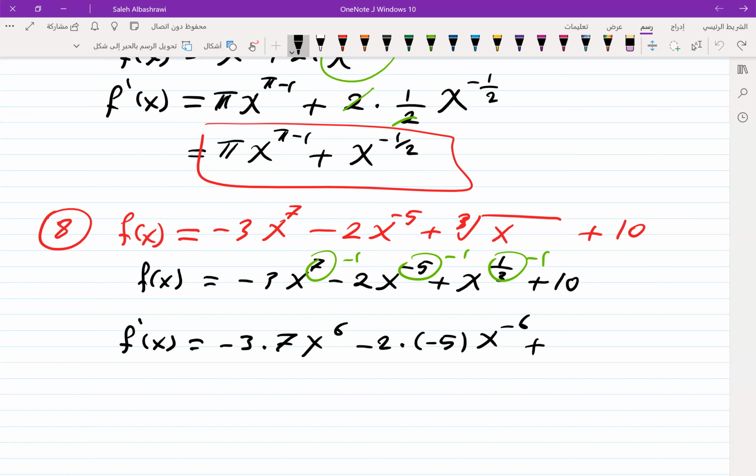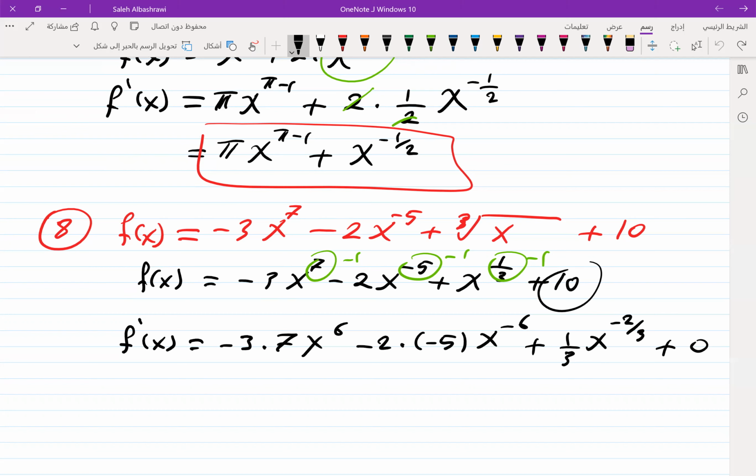plus the power down, 1 over 3, this is third, x to the power 1/3 minus 1 is minus 2 over 3, plus the derivative of the constant is equal to 0.